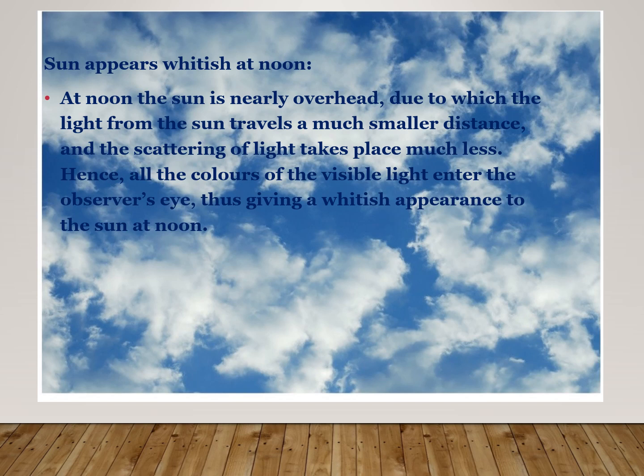Hence, all the colors of the visible light enter the observer's eye, thus giving a whitish appearance to the sun at noon and also the sky.